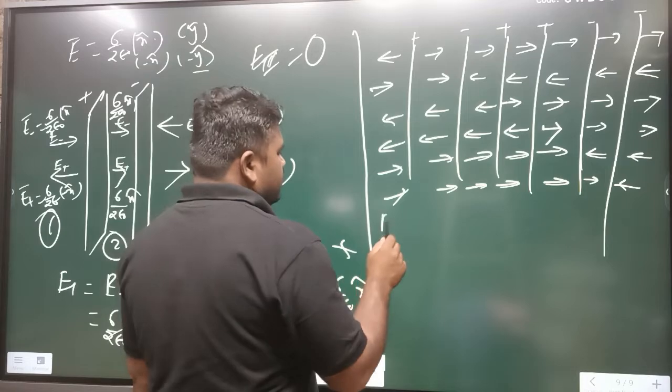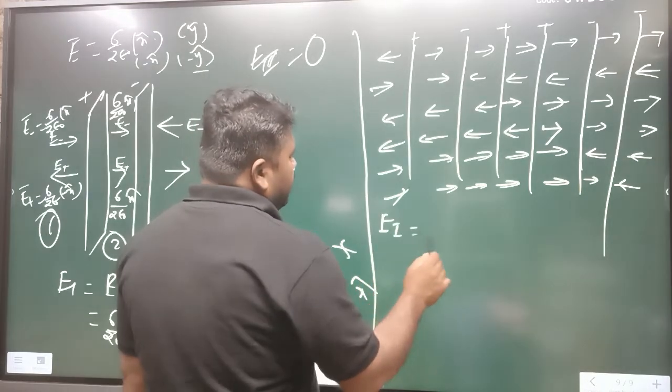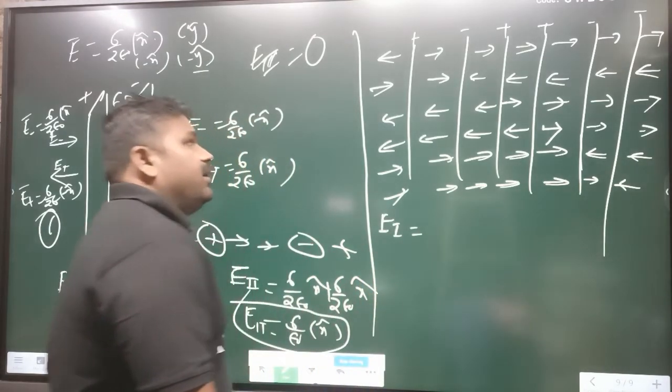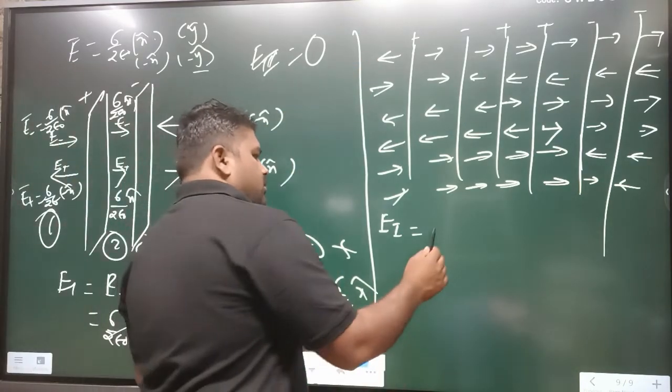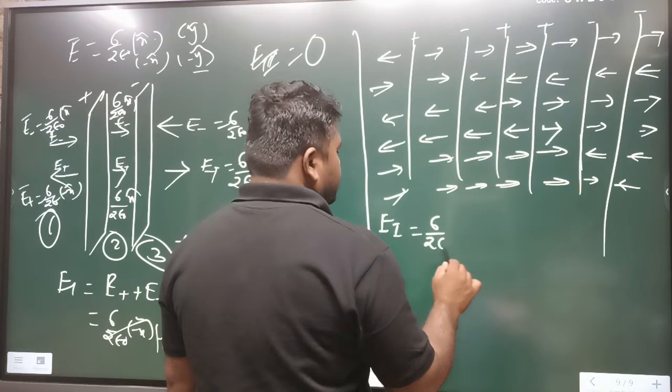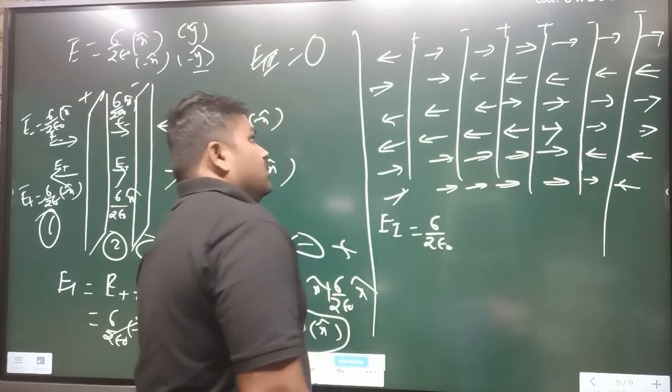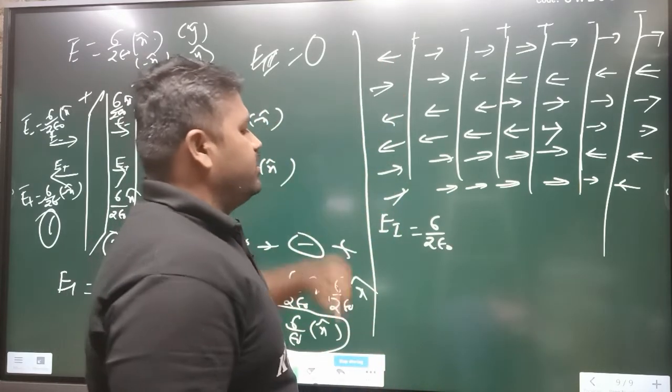First plate electric field. Here, this is sigma by 2 epsilon naught, direction minus x cap.